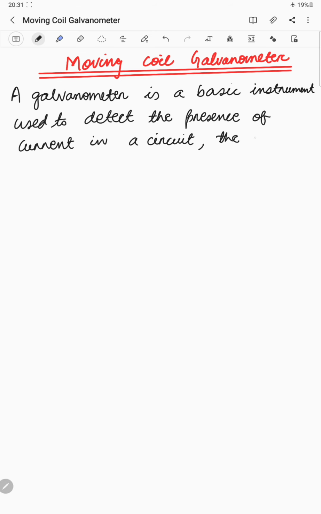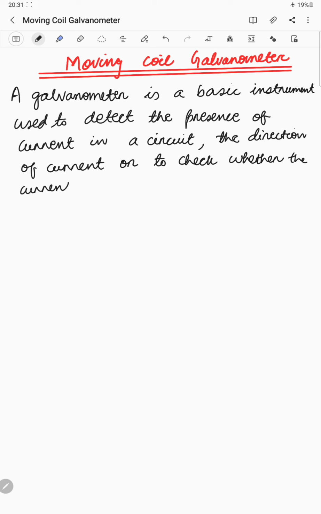The direction of current can also be known from it. Another thing is that it can also check whether the current is large or small.